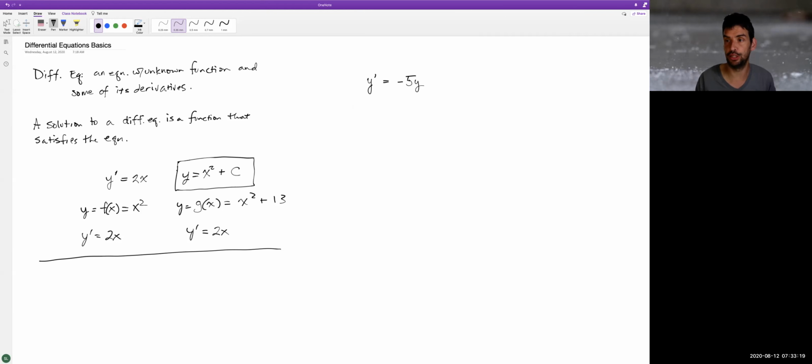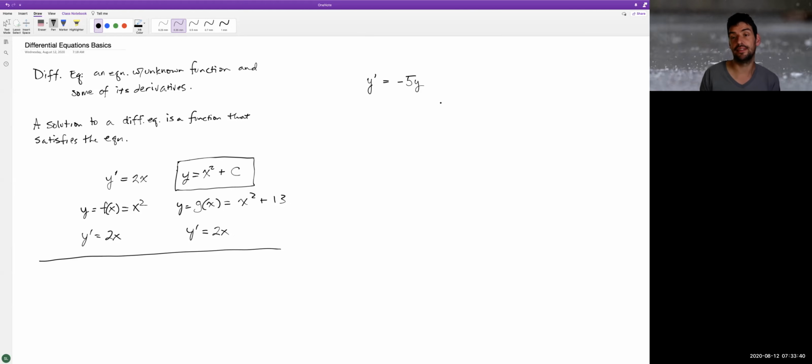This is a little bit trickier, okay? And we will talk very briefly. We've kind of already shown a method here. I essentially found the antiderivative of both sides of this equation, right? Taking an antiderivative of y prime gave me y, an antiderivative of 2x is x squared plus c. So that's one method for solving them.